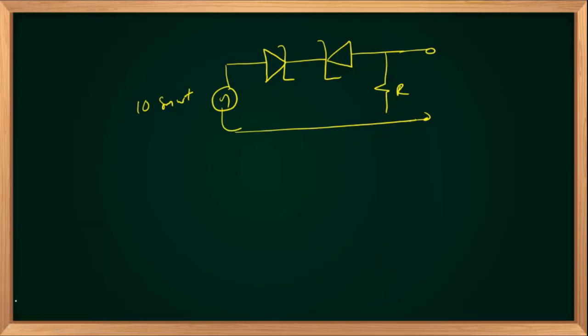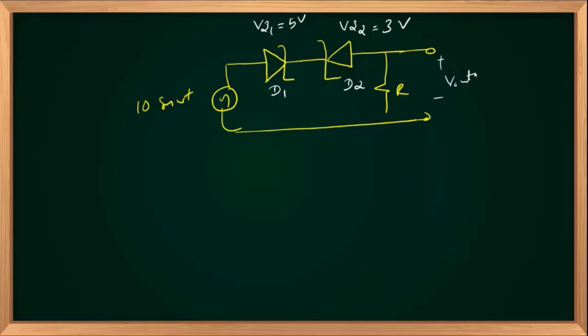And I will assign unequal breakdown values. VZ1 is equal to 5 volts. VZ2 is equal to, let us take, 3 volts. This is my diode 1, diode 2. And this is my output voltage.